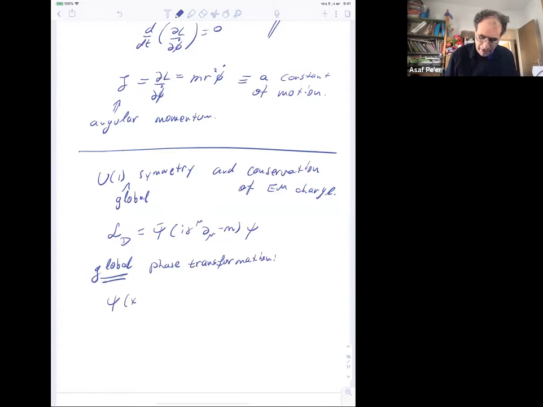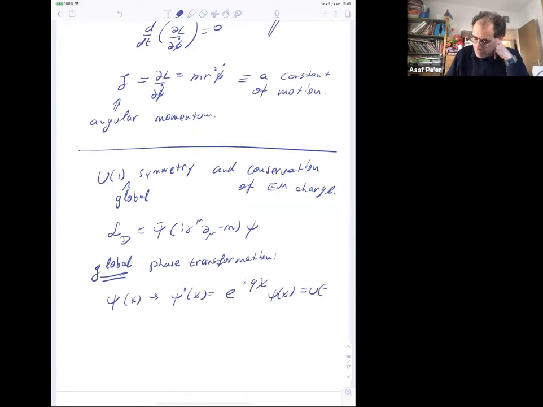Meaning that ψ(x) goes to ψ'(x), which is e^{iQχ} ψ(x). This is a unitary matrix. It's a 1-by-1 matrix really. So it's a U(χ) ψ.